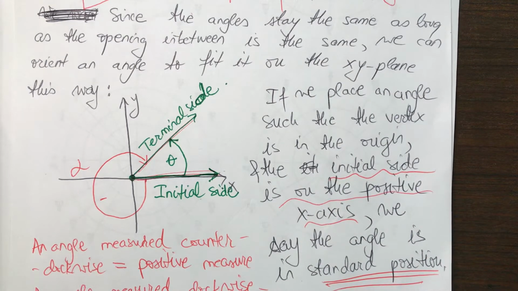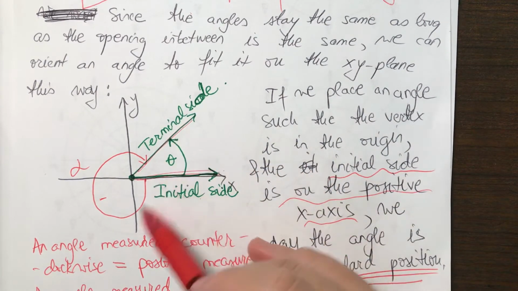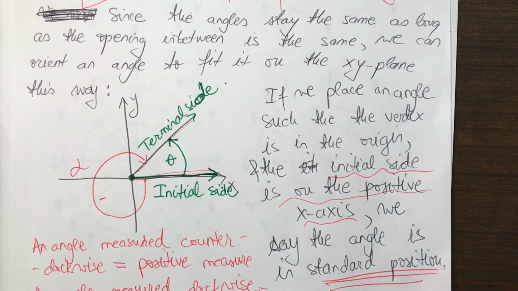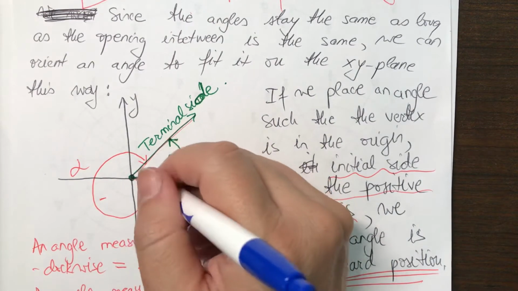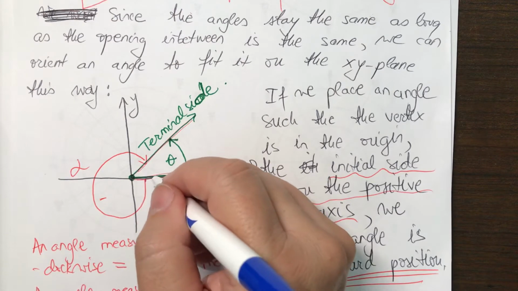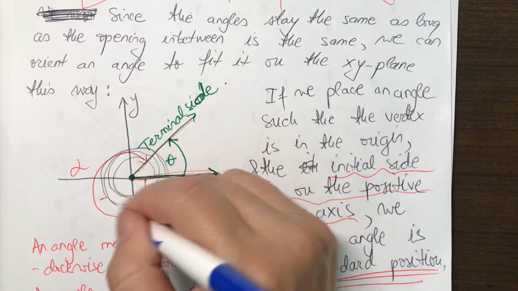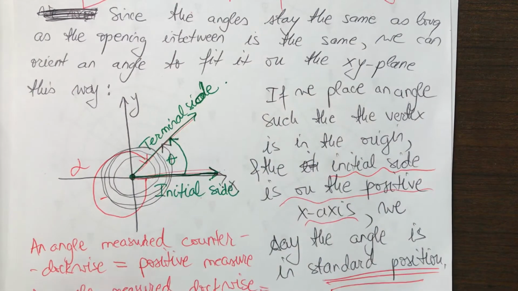So several angles in standard position will also have the same terminal side. These two right here already, right? One's a positive measured this way, one's a negative, but that's not all. You can start measuring this angle on the initial side, and measure round and round and round, and then end it right there, okay? So you don't have to stop right away.